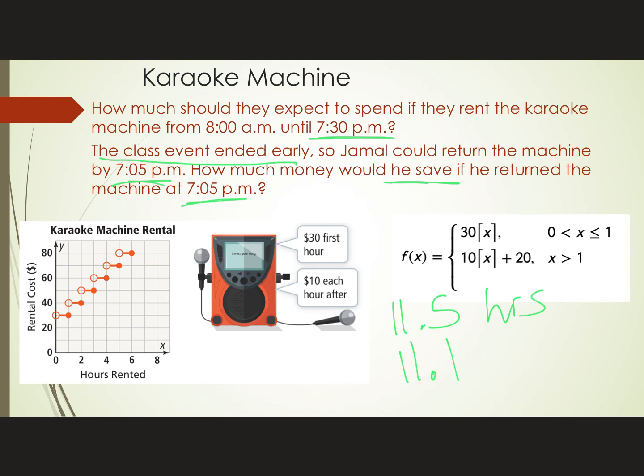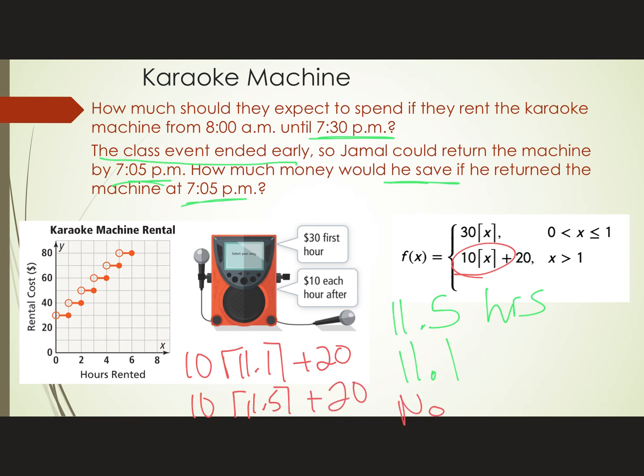Does that change our price? How much can he save? Well, think about that for a second. Remember, we're looking at a ceiling function. So 10 times 11.1 plus 20 gives you the same value as 10 times 11.5, because remember, each of these will go up to 12. So there's no savings.